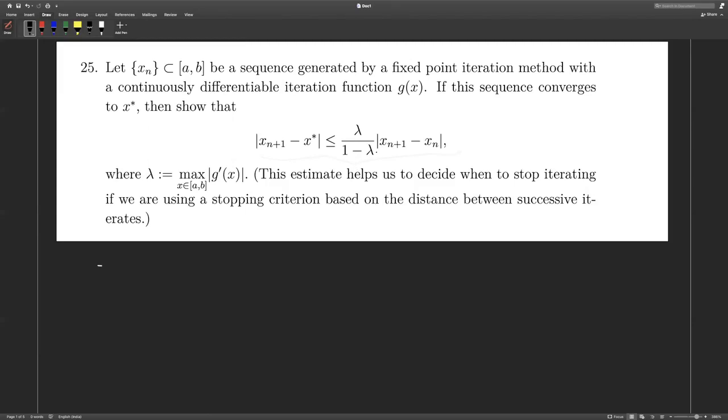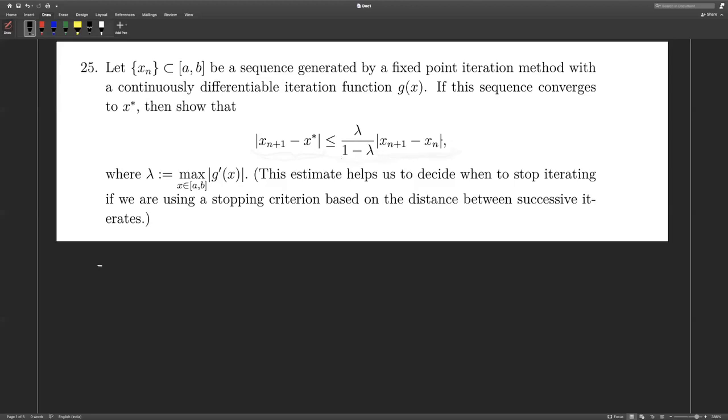You can see on the right-hand side, it is the simplest form of the Cauchy criteria, and you can see that the absolute error involved in xn plus 1 when compared to the root of the equation can be made less than or equal to this quantity.